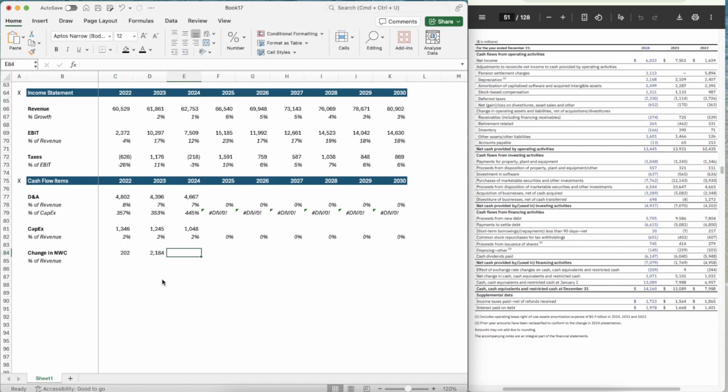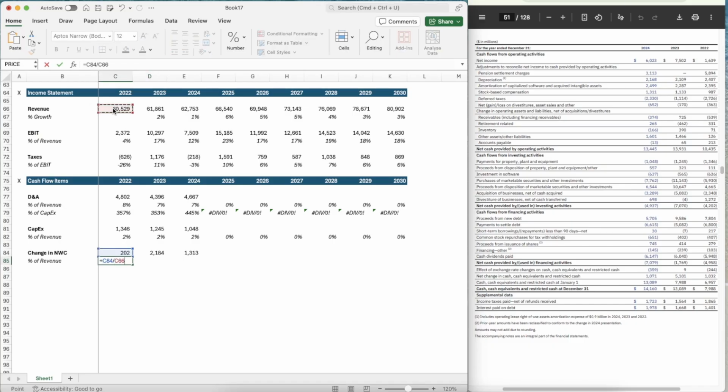Yeah. Equals sum negative 374, 265, negative 166, 1601, negative 13.